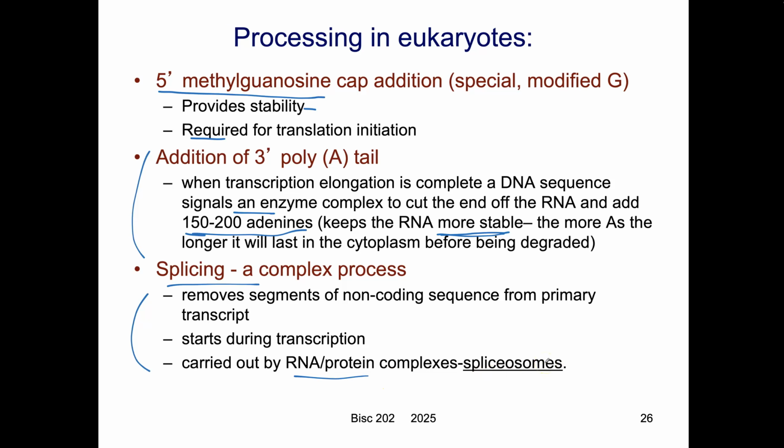There's a lot of evidence that the actual catalytic part of a spliceosome, the part that is doing the cutting and pasting of the sequence, is actually the RNA part. RNAs have been known for quite a long time to perform catalytic reactions, just like protein enzymes do. And the splicing part starts as transcription is proceeding, so you don't have to finish transcription before you do the splicing.